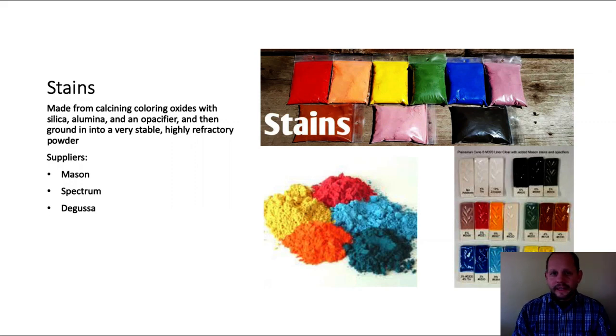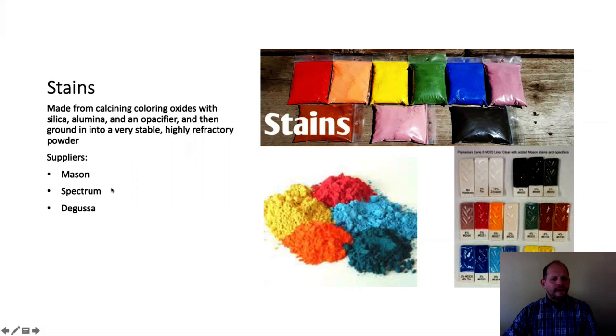But basically, they stabilize the color inside of this recipe. And then you can add these stains to glaze bases, and it will transfer the color pretty close to the color that's presented when you receive it.